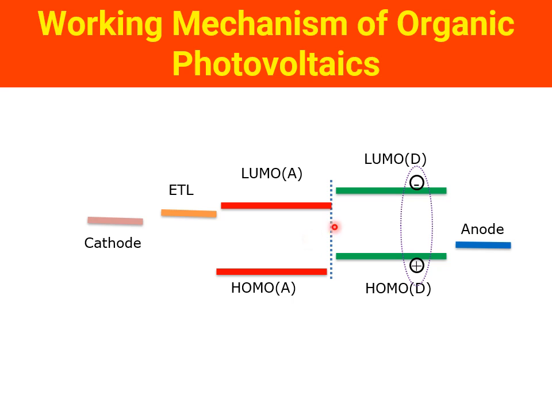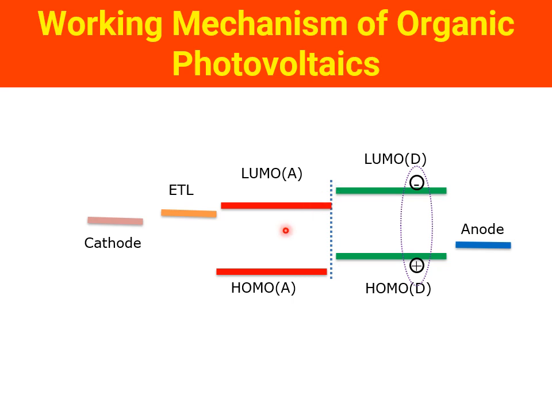Therefore, in order to provide the potential difference, or to break these excitons into free charge carriers, we add an additional material which is called the acceptor. As we already said, it can be a small molecule, like fullerenes, or some polymers. This energy difference between the donor and acceptor will act as a driving force.